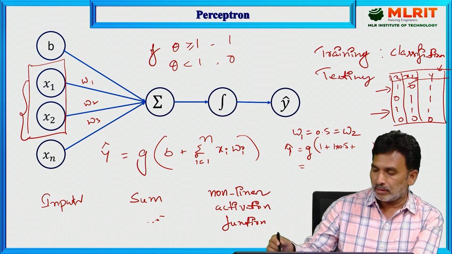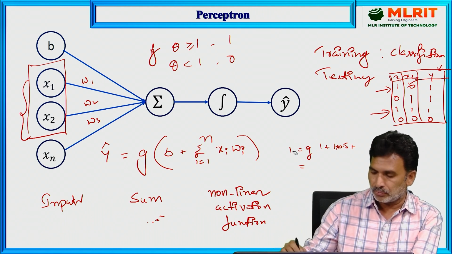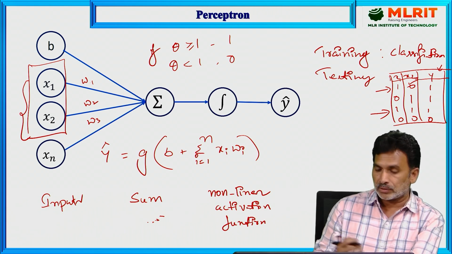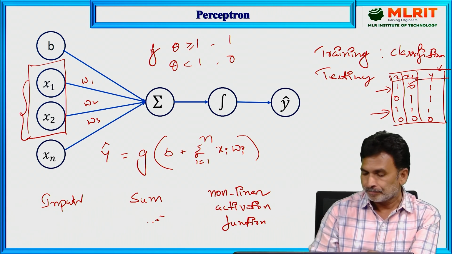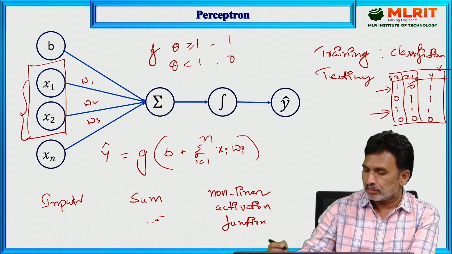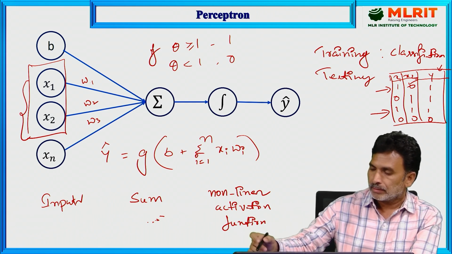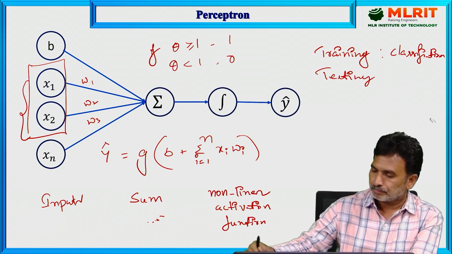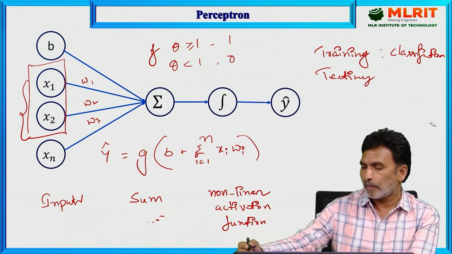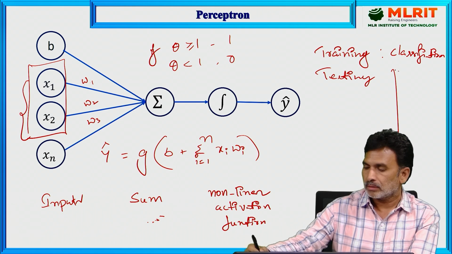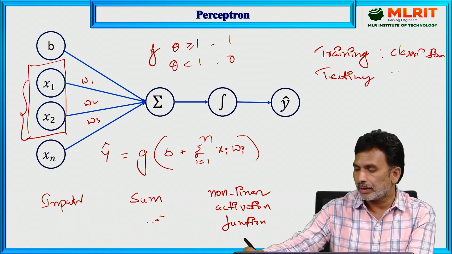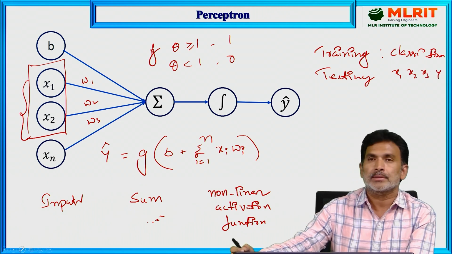Suppose there are 3 inputs or more. Are there any changes to be made in this activation function or the threshold? Let us take three features, or 3 inputs. The data set would be x1, x2, x3, and then y is the output.